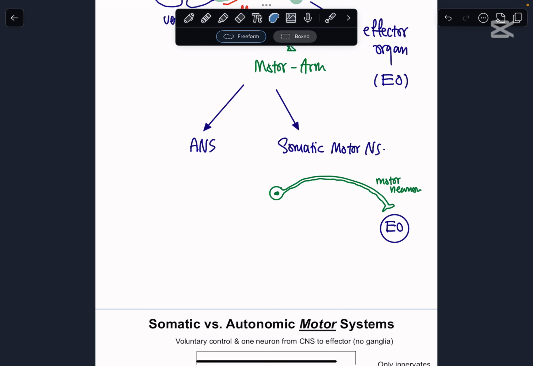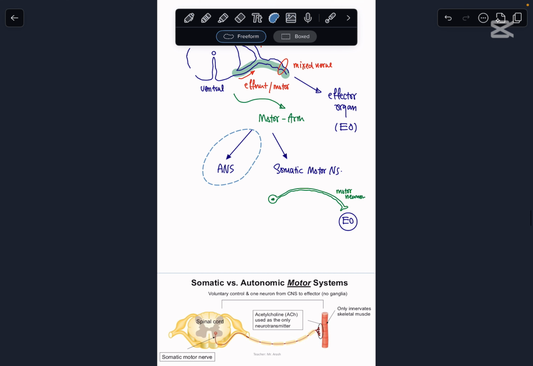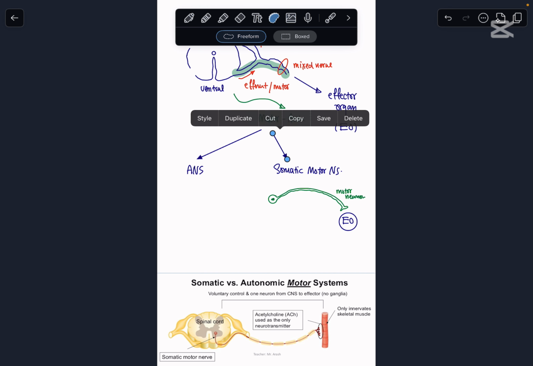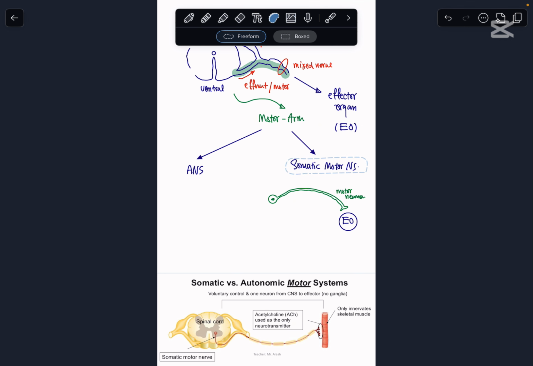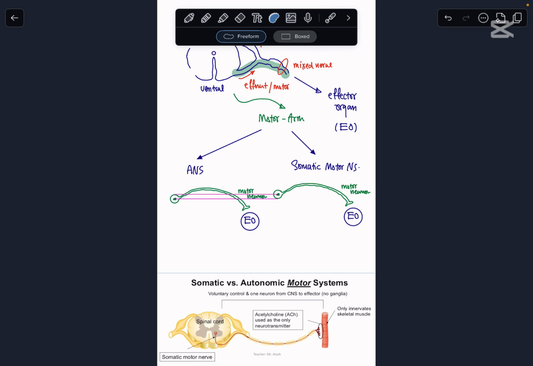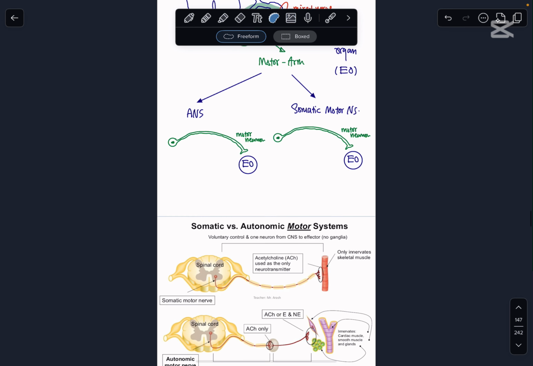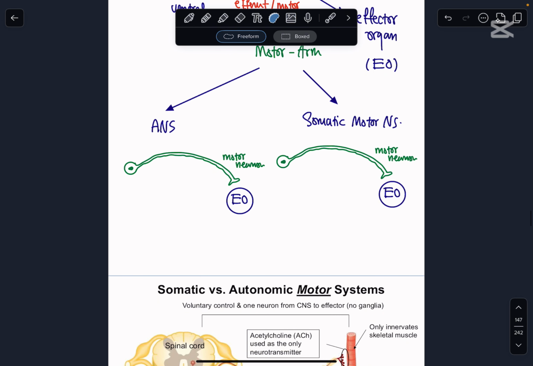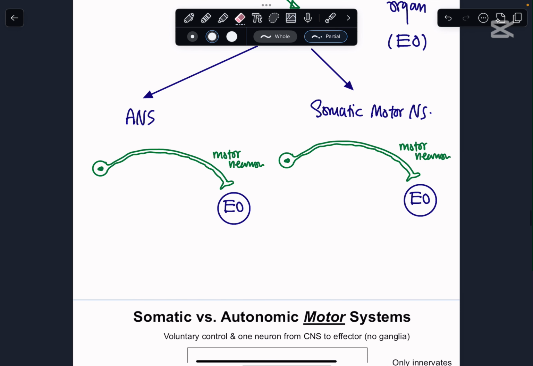When we look at the same thing under the autonomic nervous system, it's a completely different ballgame. Guys, watch the screen for me for a sec. I'm going to make a little code here.